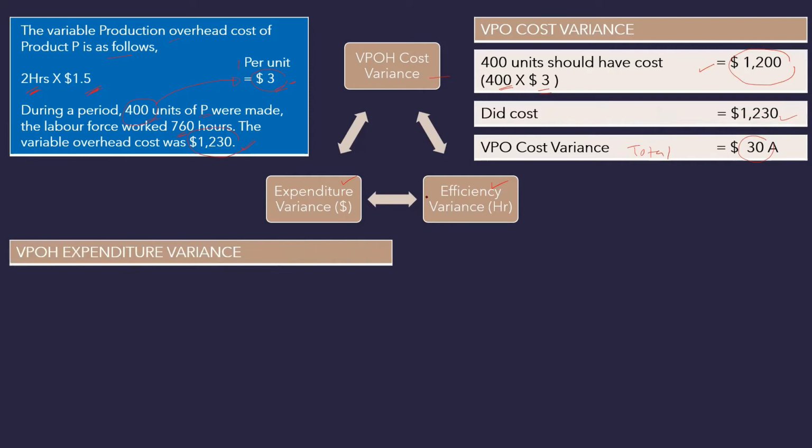How do you calculate the variable production overhead expenditure variance? You take how much was incurred, 1,230.